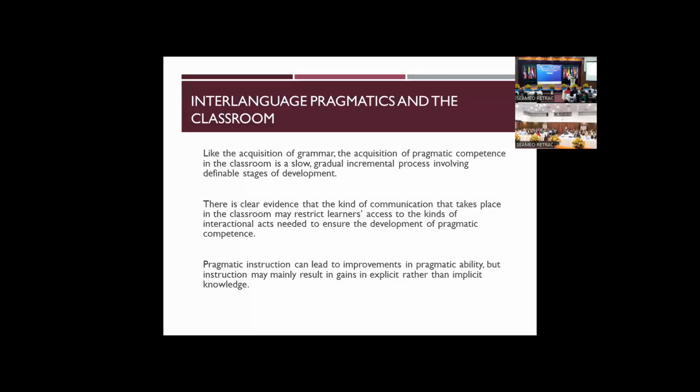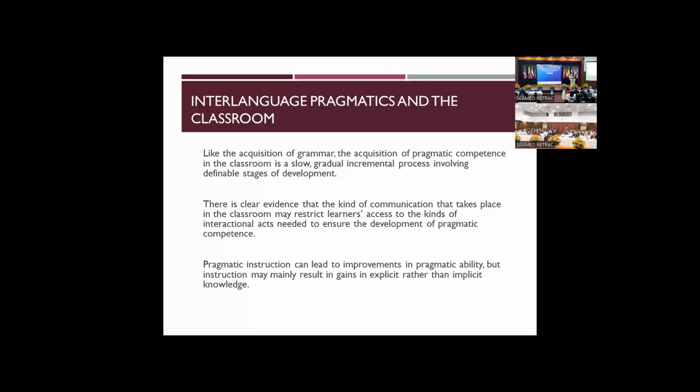Interlanguage pragmatics in the classroom. Like the acquisition of grammar, the acquisition of pragmatic competence in the classroom is a slow, gradual, incremental process, probably even slower than it is for grammar. There's clear evidence that the kind of communication that takes place in the classroom restricts learners' access to the kinds of interactional opportunities that they need in order to develop pragmatic competence.